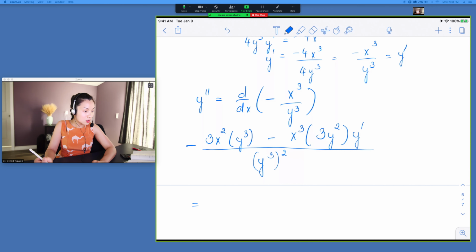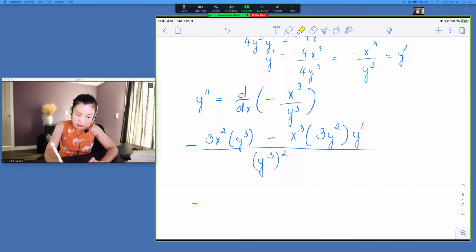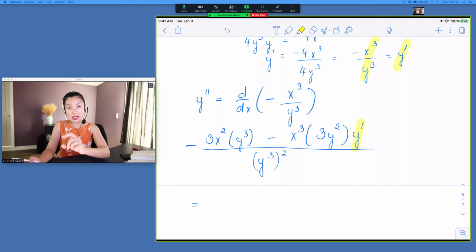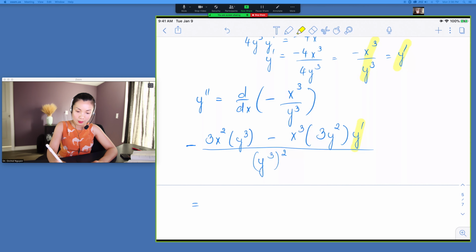Okay, so you can see that we have y prime here, and then we have y prime here. Right? So I'm going to take the y prime, the negative x cubed over y cubed, plug it in.